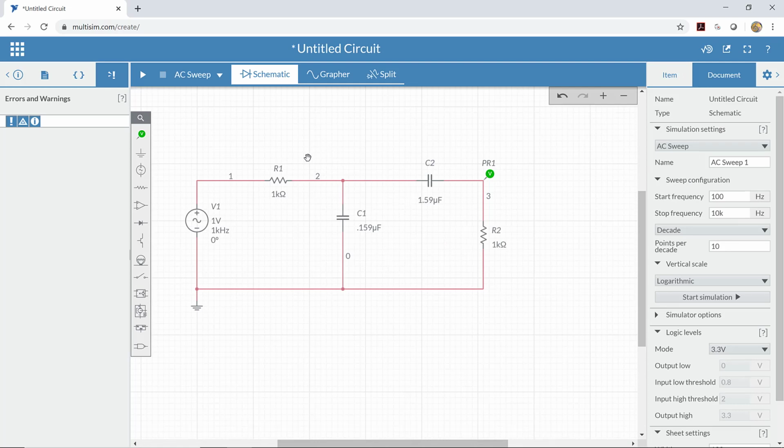Okay, so now we have a low-pass filter and a high-pass filter in series, so we should have a bandpass filter now, okay? So I'm going to adjust these settings. So now the starting frequency should be lower so that I can see my lowest cutoff. So the lowest cutoff frequency that I have is 100 hertz, so I'll make the starting frequency 10 hertz, and then I'll still go up to 10 kilohertz. So let's run this again.